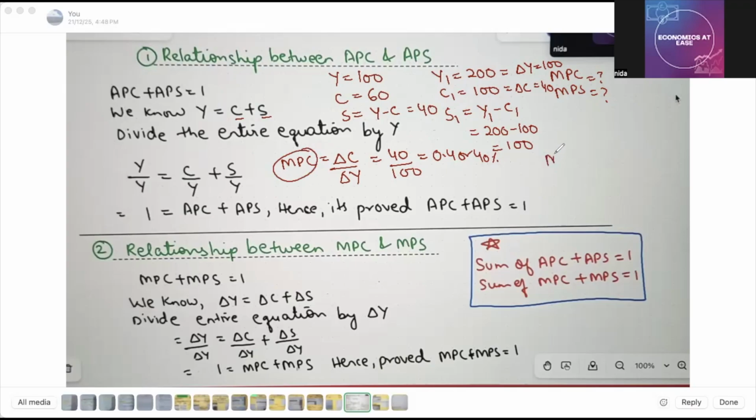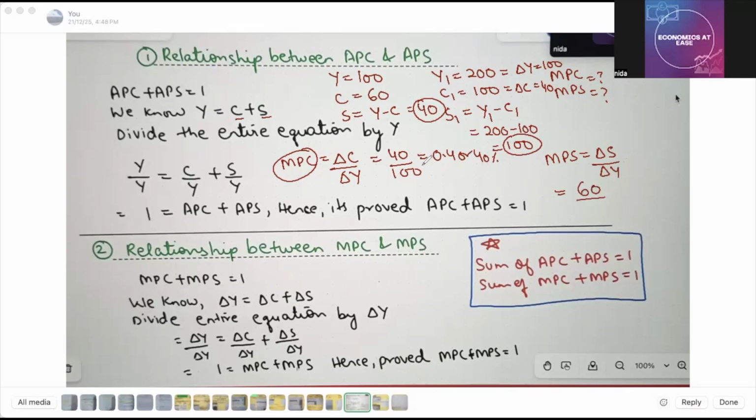Okay, now I'm going to calculate here MPS is equals to change in saving upon change in income. This is the formula, right? Now change in saving कितना हुआ था हमारा है, just wait here, it is 40 and 100, right? So that is 60.